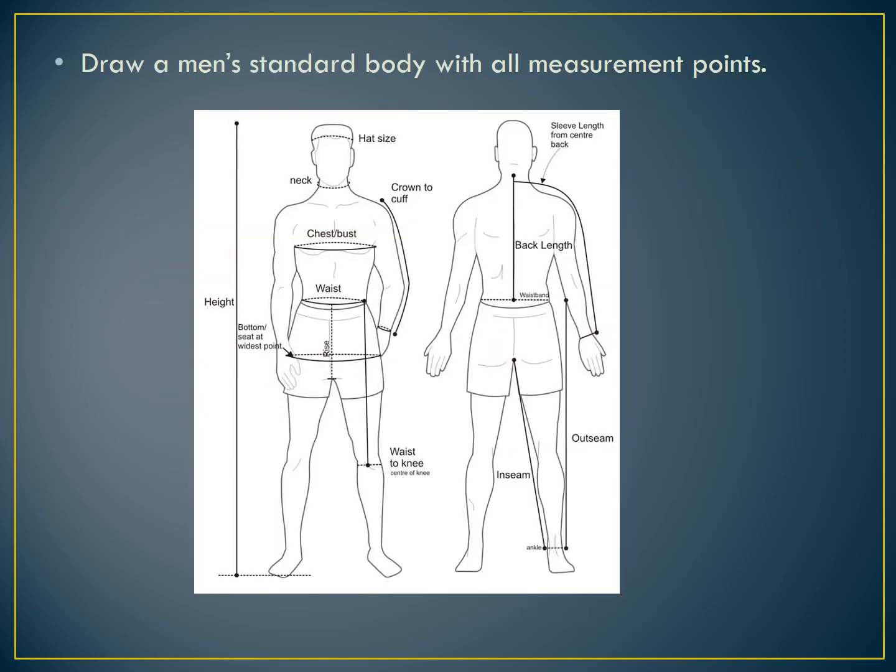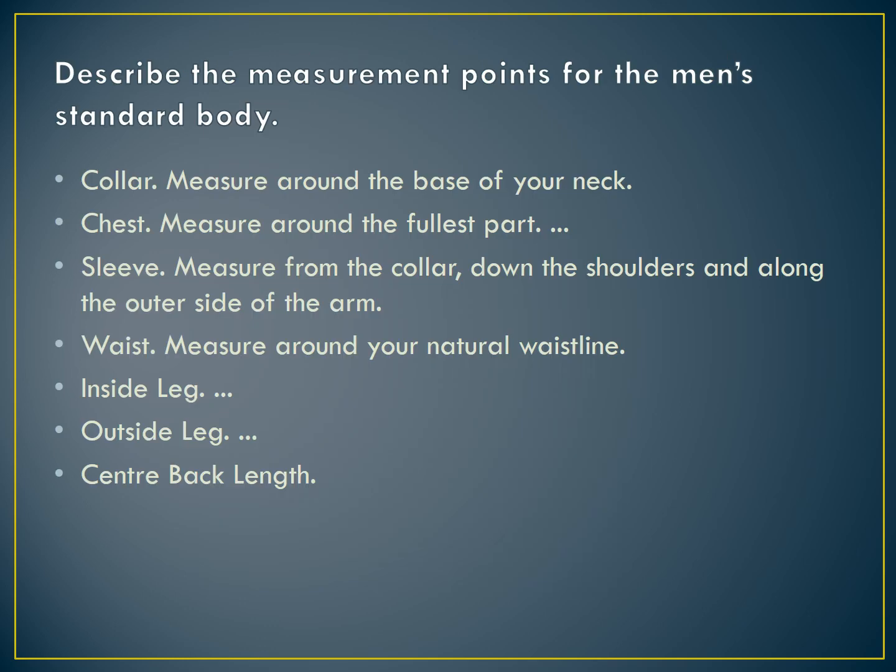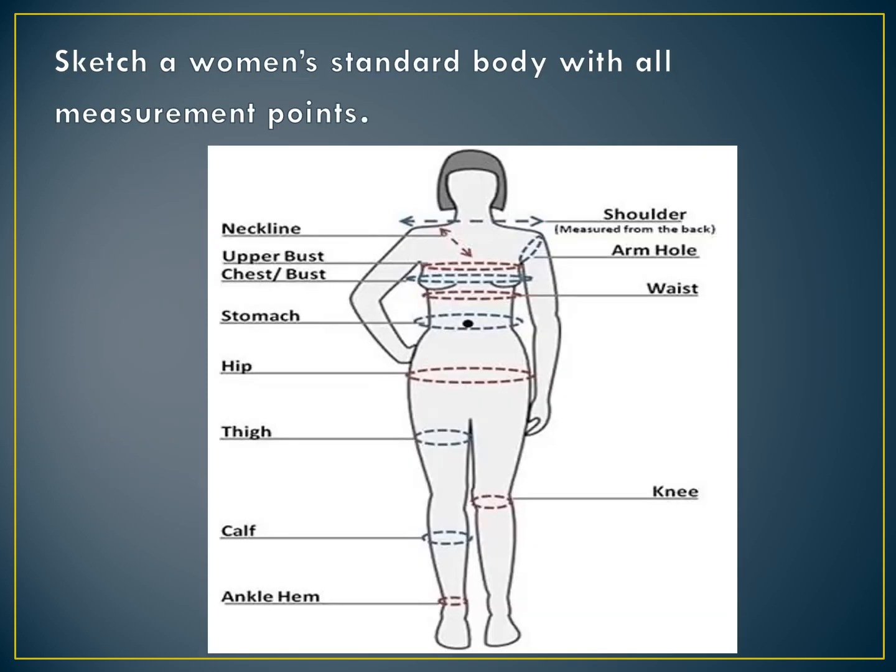Here we can see a man's standard body with all major points: head size, neck, chest, waist, rise, bottom, seat, and there are descriptions giving the parts explained. Then we can see a woman's standard body with all measurement points.